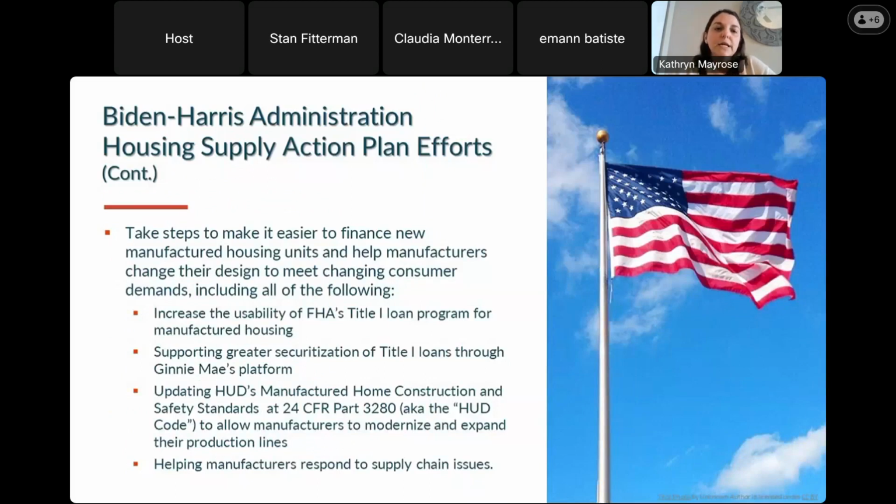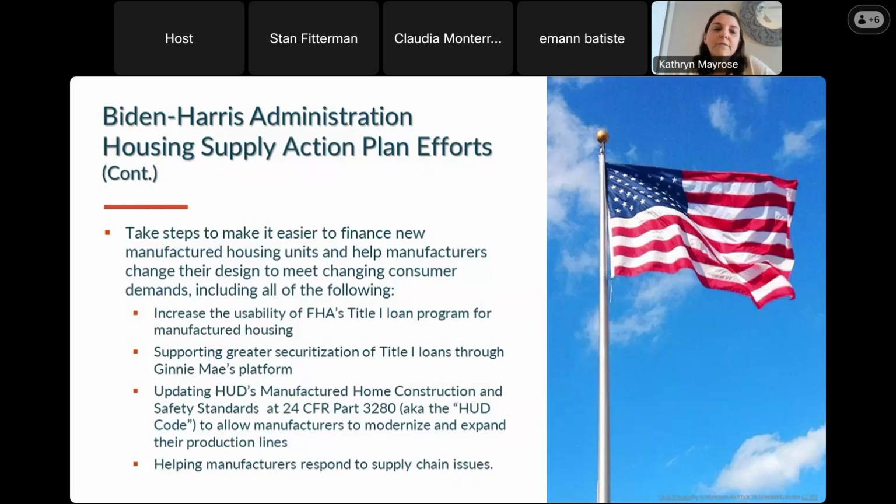Some of those specific efforts include increasing the usability of FHA's Title I loan program for manufactured housing, supporting greater securitization of Title I loans through the Ginnie Mae platform, which is the Government National Mortgage Association that guarantees mortgage-backed securities, and also updating the HUD Code, which is the HUD Manufactured Home Construction and Safety Standards, to allow manufacturers to modernize and expand their production lines and respond to supply chain issues.